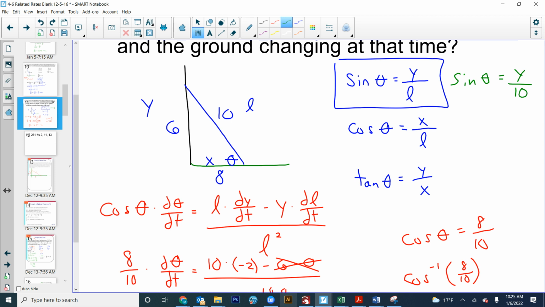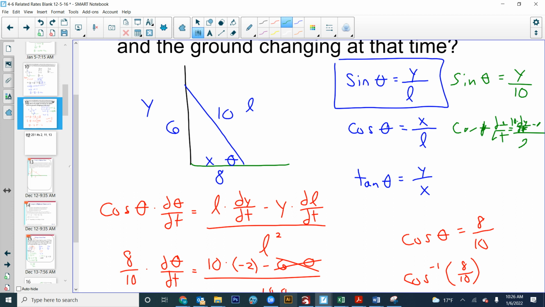Let's see. Okay, what's the derivative of sine of theta with respect to t? Cosine theta d theta dt. Awesome, thank you. All right, low d high, 10 dy dt, minus high, what's d low?